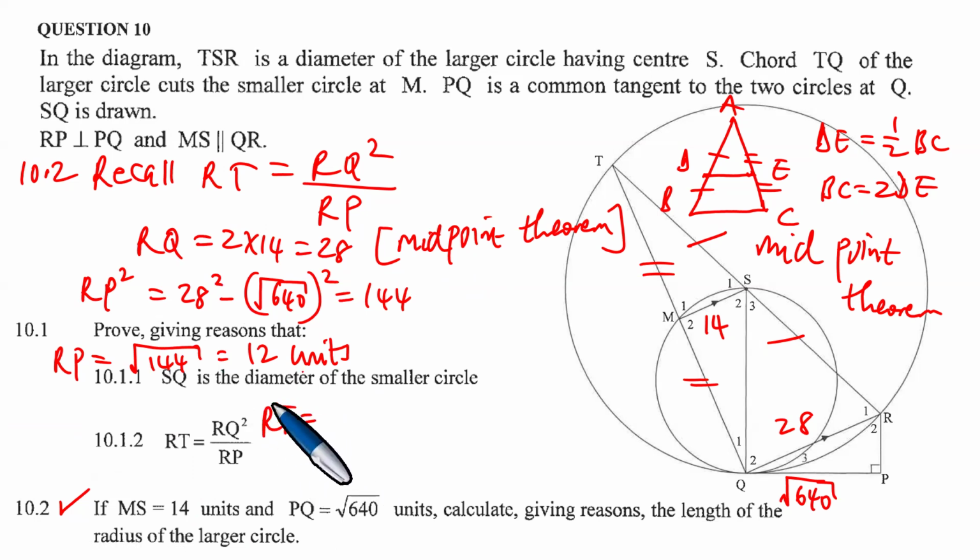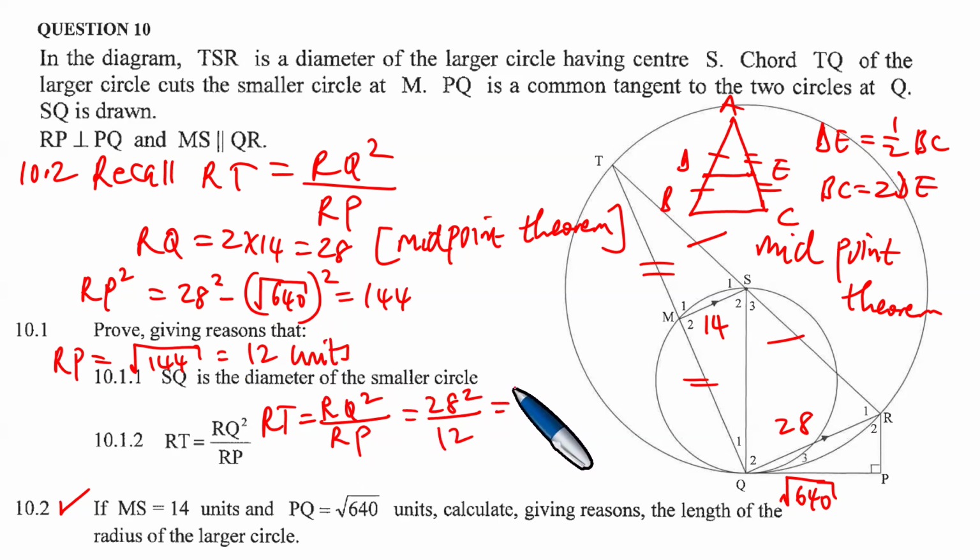So RT is equal to RQ squared over RP. It is this formula here. RQ is 28 squared over RP, which is 12. If you simplify, it's 196 over 3.